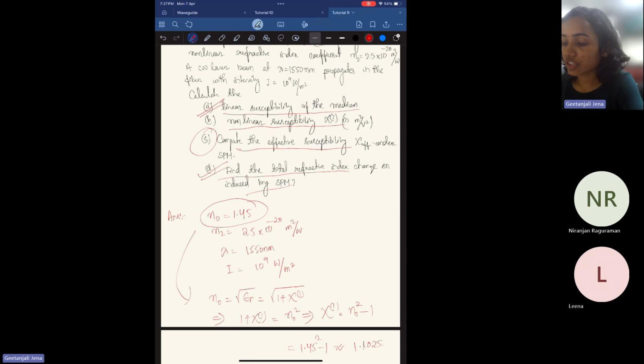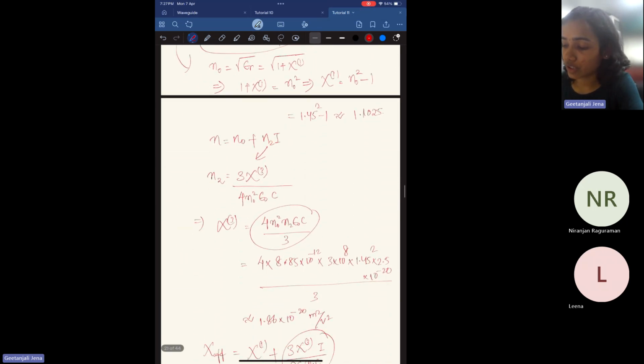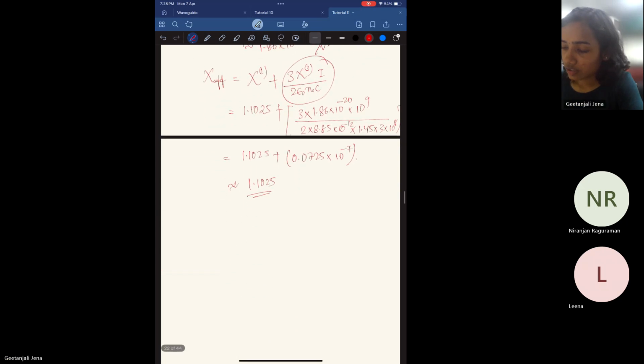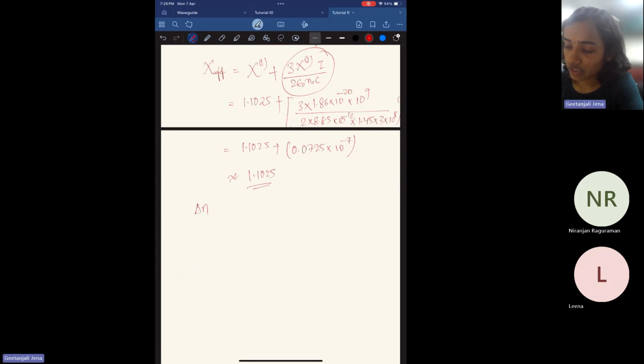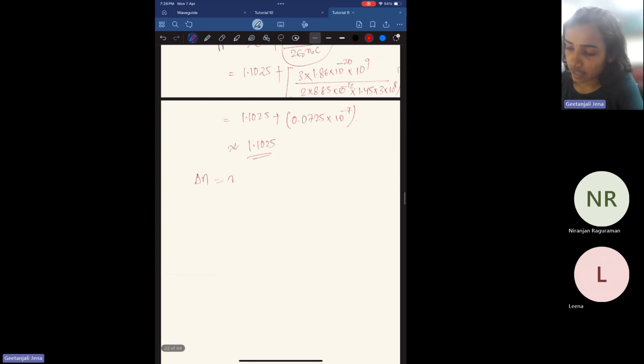Now the change in refractive index is also straightforward because you have the n2 term and you know the intensity, and delta n is nothing but n2 into I. So the change in refractive index is n2 into I. N2 is 2.5 into 10 to the minus 20, into 10 to the 9.